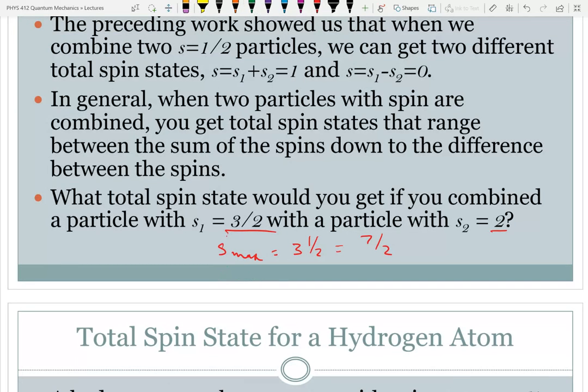What's the minimum we could get? So we would do 3/2 minus 2, so that would be negative 1/2. Can't be negative, so that's not it. So then it is 1/2.